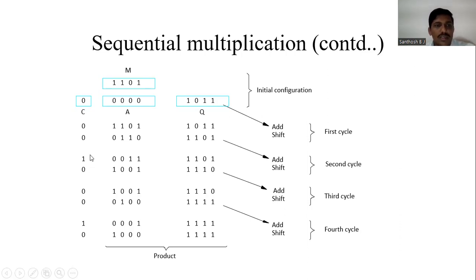Obviously, what is there in the carry will shift one bit to the right. This 1 will go to the most significant bit of the register.